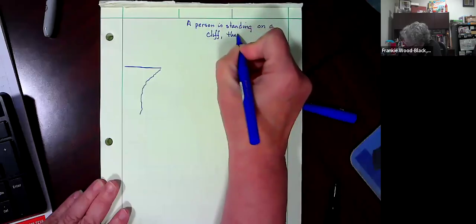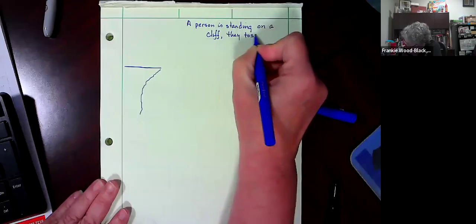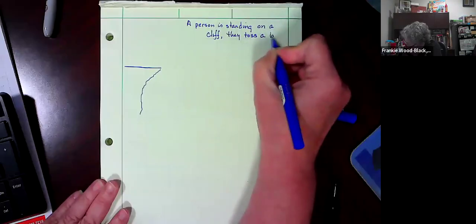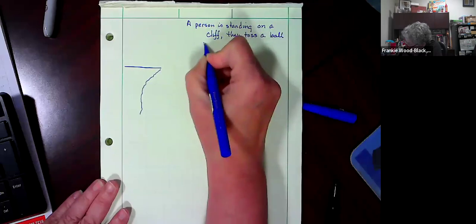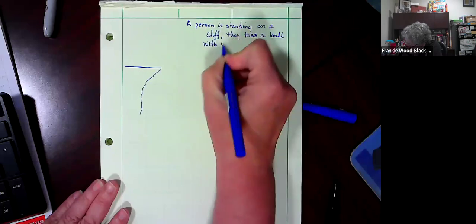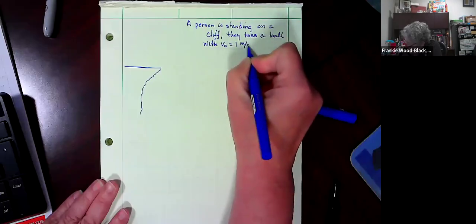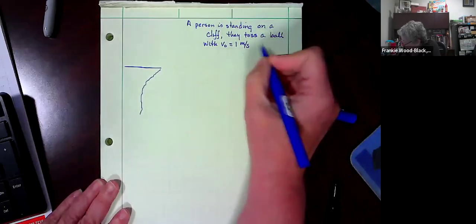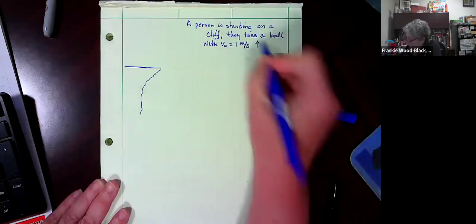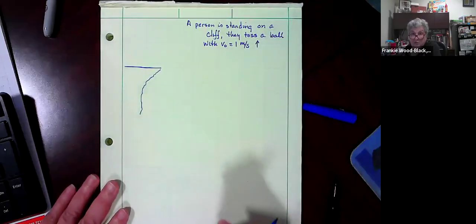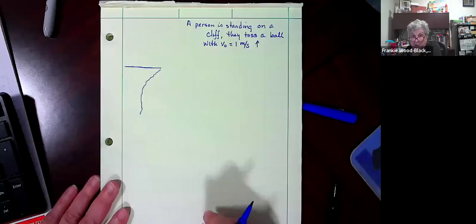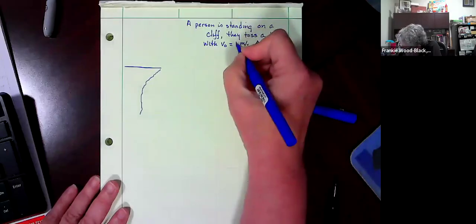They are going to toss a ball with an initial velocity of 1 meter per second upwards. We're doing one-dimensional motion. Oh, actually, we're going to do a little better.